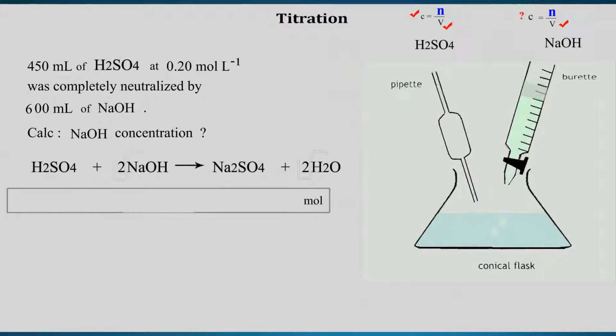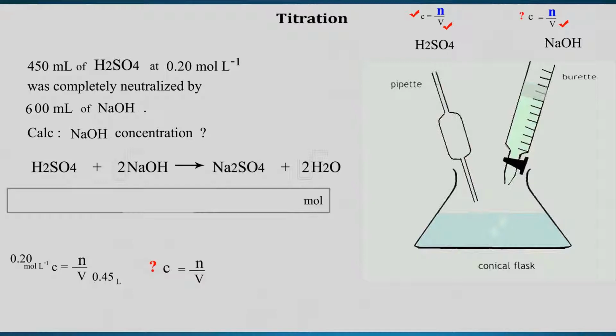Equation, formula. Acid, you know the C, you know the V. Base, you want to find the unknown C.